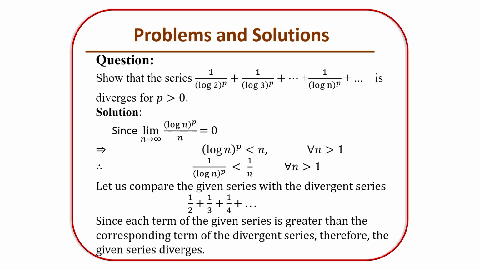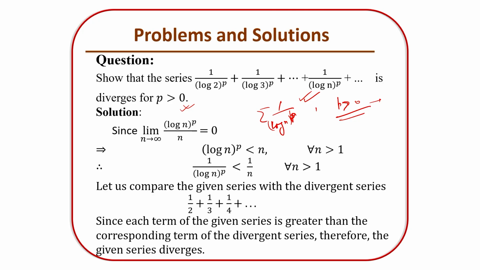Now look at a very important question. The series 1 by (log 2)^p plus 1 by (log 3)^p plus so on, 1 by (log n)^p, the nth term is this, diverges for p greater than 0. So we are interested in showing that the sum of 1 by (log n)^p, where p is greater than 0, is not a converging series, but a diverging series.